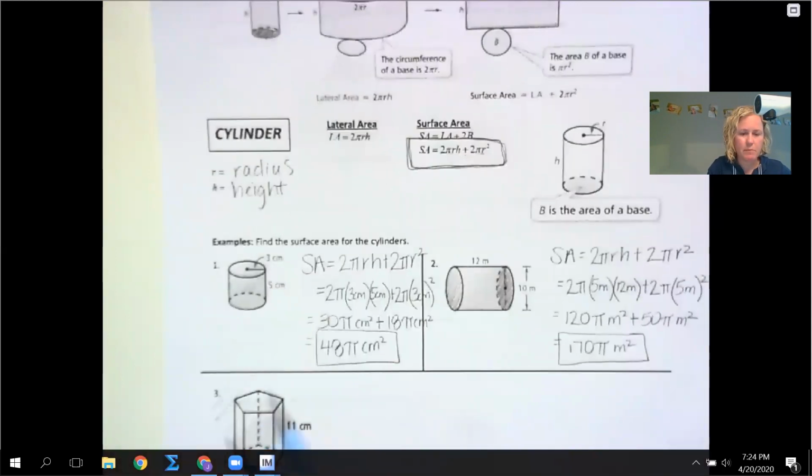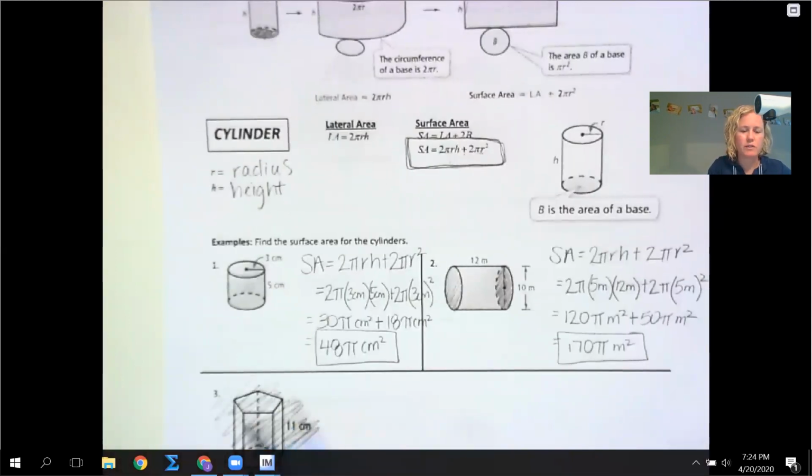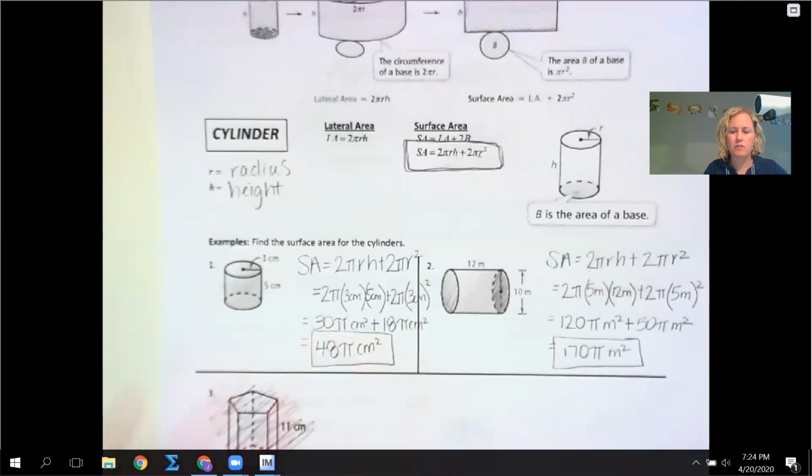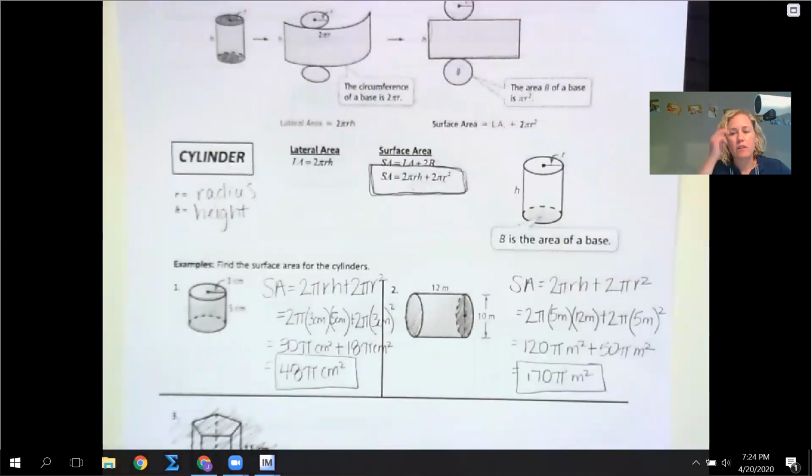We are going to skip this, okay? We'll do something similar to that tomorrow, but it's too much for one day, all right? Now, there's one more thing I want to talk about, which is what if I don't ask you to find surface area, I just ask you to find lateral area. So again, lateral area is the area of all of the sides, but not the bases, okay? Not the bases.